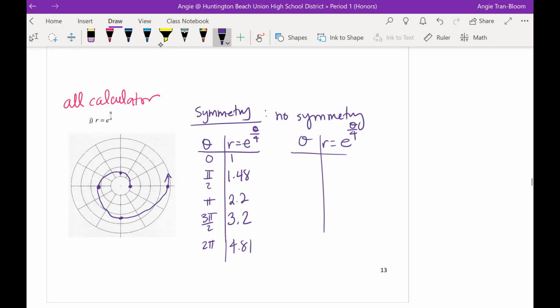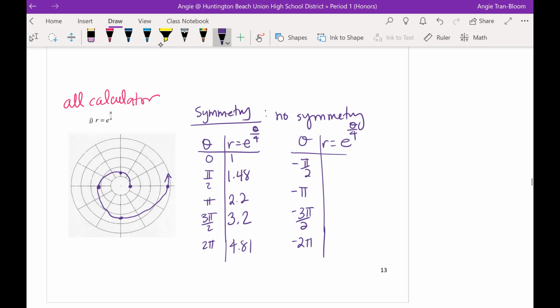What if I were to go the other way, like clockwise? Such as if I were to take negative pi over 2, negative pi, negative 3 pi over 2, and negative 2 pi. Would it give me larger values than the first table or smaller values? Smaller. So why don't we verify and see? e to the negative pi over 2 divided by 4, what would that be?